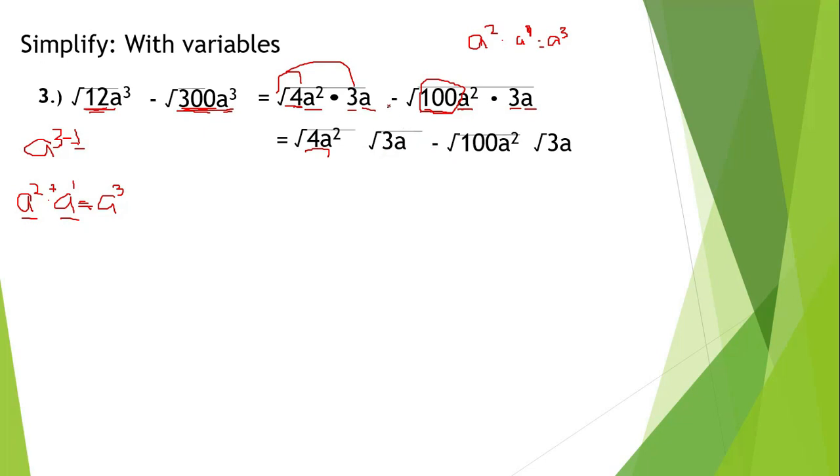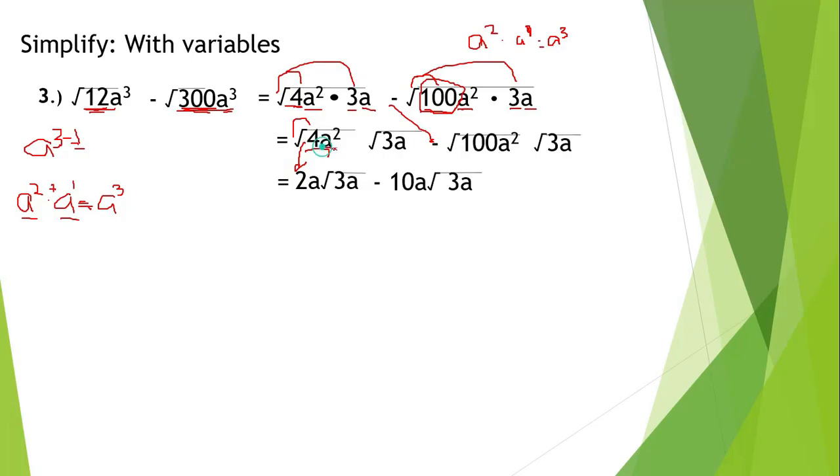Copy the sign, which is negative. Then distribute the radical sign. Square root of 100a squared times square root of 3a. Next, distribute the radical sign again. The square root of 4 is 2.